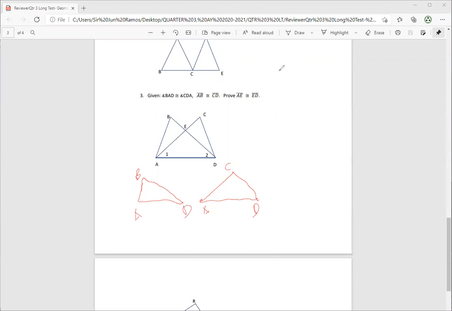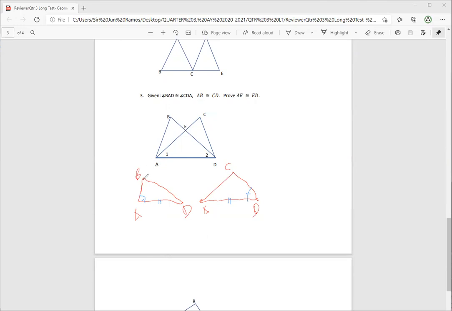Angle BAD, this one here, is congruent to what? Angle CDA. Where is CDA? CDA here. That's congruent. And we know that AD here is the same, so this one here is congruent to AD here by reflexivity.